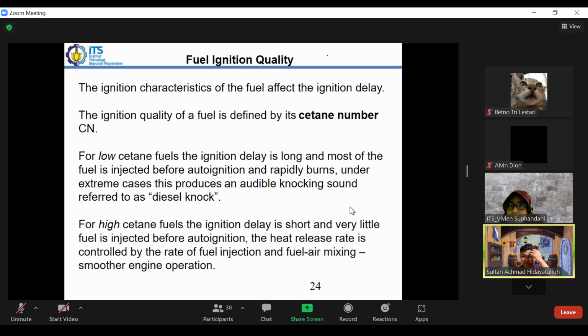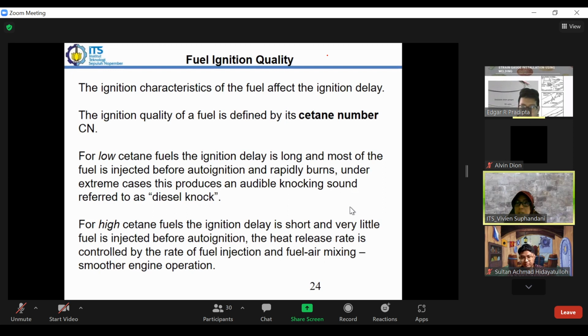And same as the octane number, it's related to knocking. So a higher percentage of the ratio will decrease the knocking. Okay. Any other?